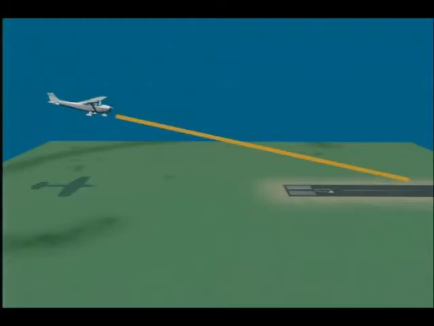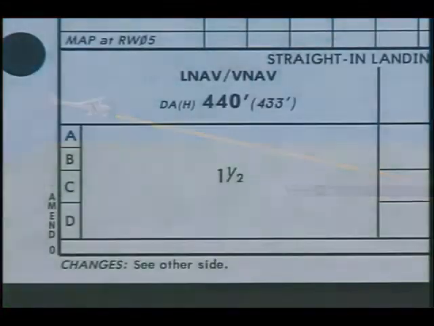Aircraft capable of using LNAV VNAV minimums will make their final descent using a descent path generated by onboard navigation equipment. Since vertical guidance is provided, the minimums will be published and flown as a decision altitude, even though it has higher non-precision approach minimums.